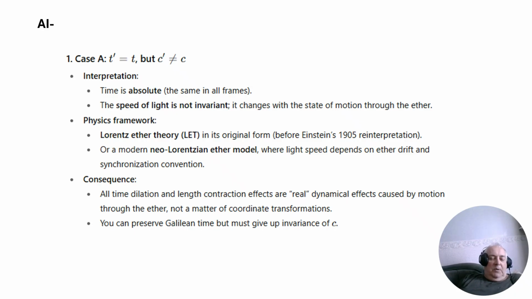And so the consequence is all time dilation and length contraction effects are real dynamical effects caused by motion through the ether, not a matter of coordinate transformations. You can preserve a Galilean time, that is absolute time, but must give up invariance of c.